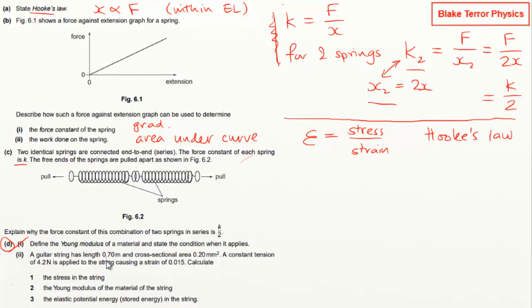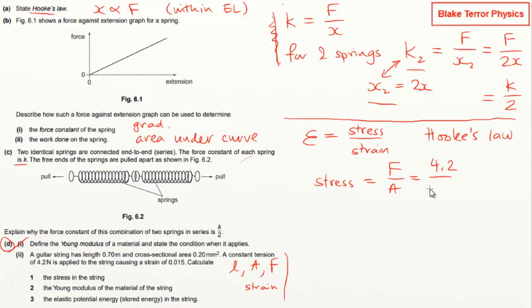Now we've got some calculations. They've given us L, A, F, and they've given us the strain as well. So all of those things are in the question. Using all of these, we need to calculate the stress. So stress is equal to F over A. They've given us F as 4.2.